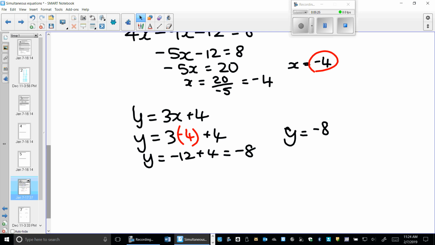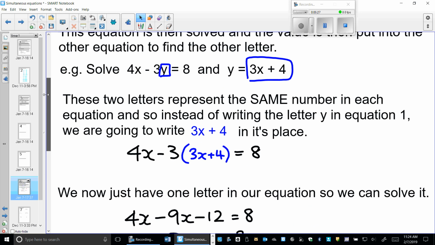However, what I could have done for this question here is rearrange this one to say negative 3x plus y equals 4, and then done it just the same way as we have done the elimination.